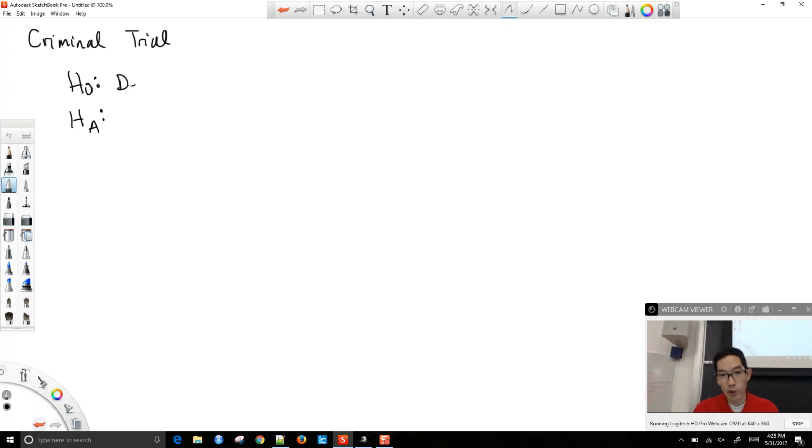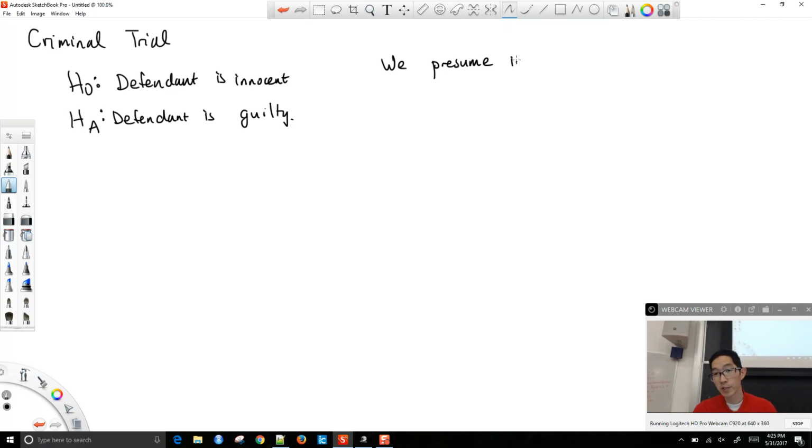The null hypothesis will be defendant is innocent, and the alternative will be defendant is guilty. And we presume innocence, or we presume the null hypothesis to be true until there's enough data or evidence to convince us otherwise.